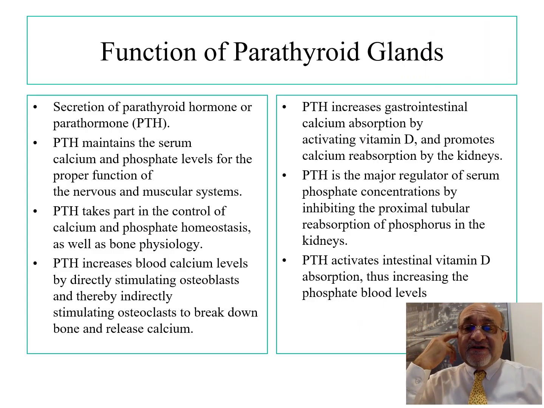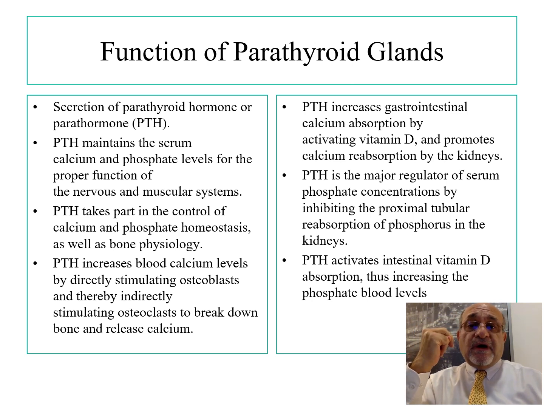As for the function of the glands, each of the four glands is responsible for the secretion of the parathyroid hormone, sometimes called parathormone, which is abbreviated as PTH. The parathyroid hormone acts in maintaining the serum calcium and phosphate levels.